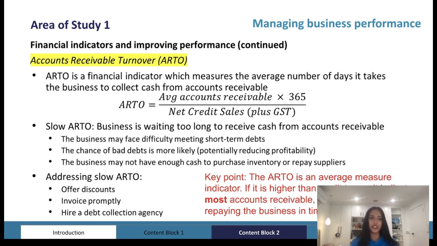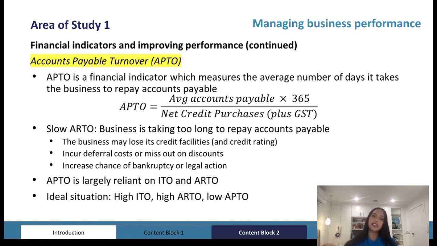And then the last financial indicator for now, obviously later in the course there's a few other financial indicators that you need to know, but for now it's just these three. The third one is the accounts payable turnover, which tells us the average number of days it takes the business to pay cash to accounts payable.